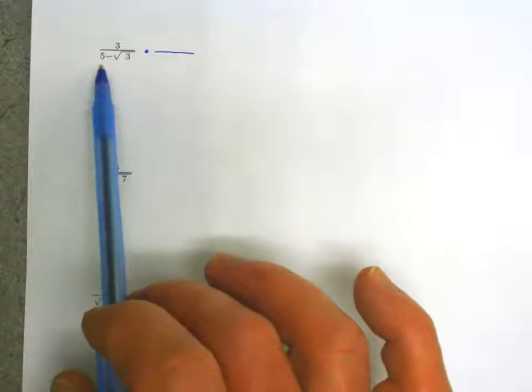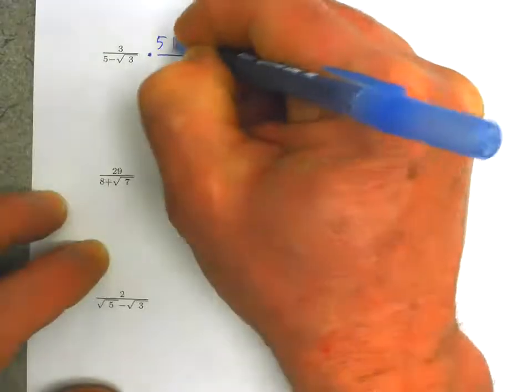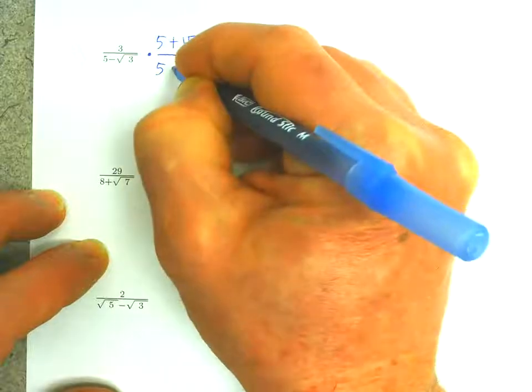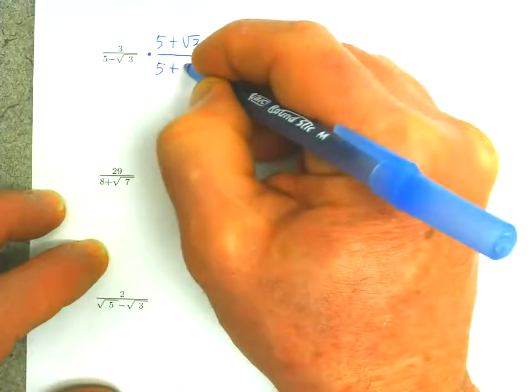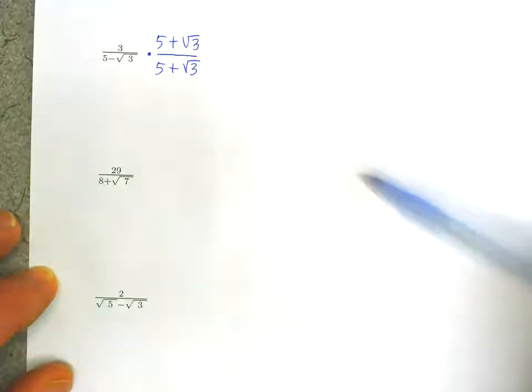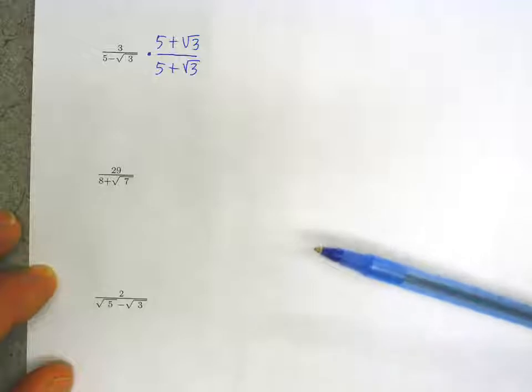This denominator, 5 minus the square root of 3, has conjugate 5 plus the square root of 3. So we multiply by 1 in the form 5 plus the square root of 3 divided by 5 plus the square root of 3. The value of this number is just 1.